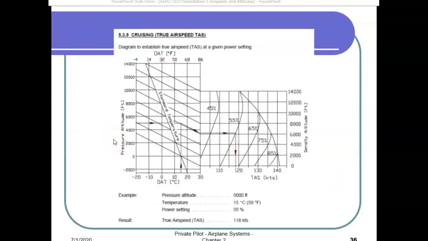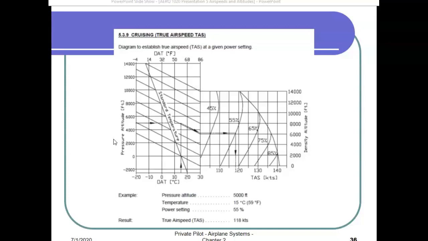Now here is a cruising airspeed chart from the Diamond DA40 Pilot's Operating Handbook. And as you can see, like the other charts, it comes with an example at the bottom to help familiarize yourself with how this chart works.